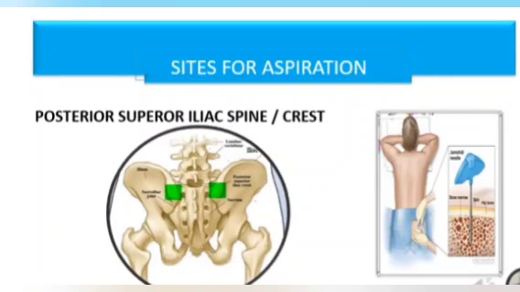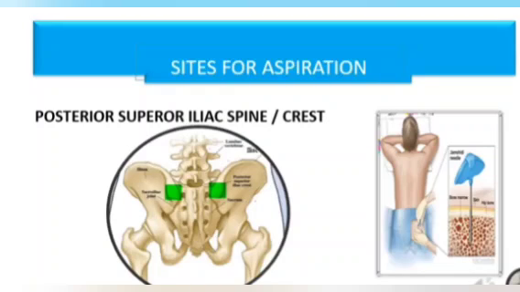Selection of site for bone marrow aspiration depends upon the age of the patient, physique of the patient, and expected distribution of disease process. Now we have the first site for the aspirate, and it's called the posterior superior iliac spine crest.